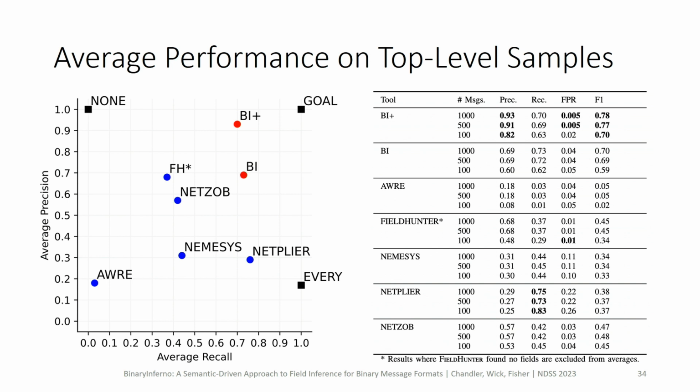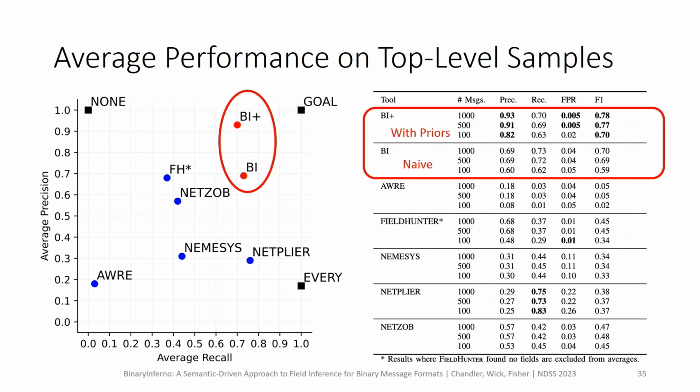In terms of the chart I have up here, we plotted the average performance of all these different tools. The y-axis is the average precision of a tool. The x-axis is the average recall. I'm going to point out that goal square up there, top right. That is perfect precision and perfect recall. That is what you want. You want to hit that box. That means every single field you found, you got right, and you found every single field.